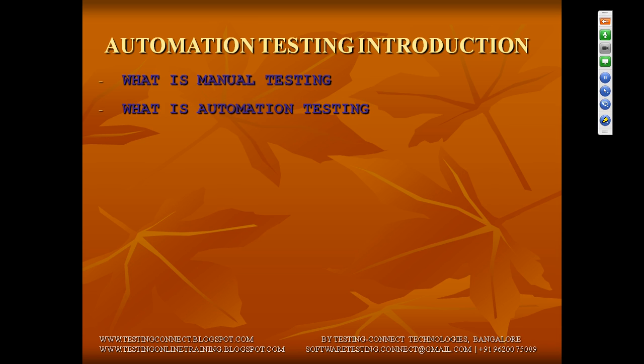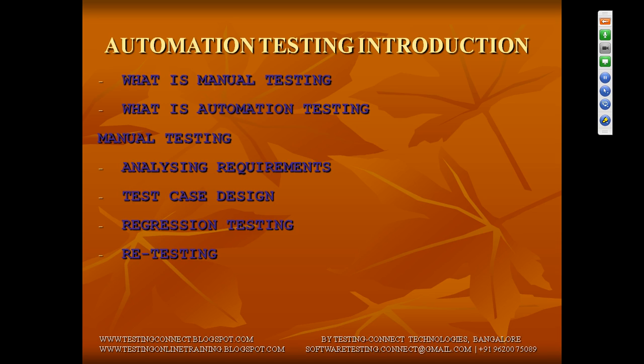If you perform the testing with the help of some automation tools, you can consider that as automation testing. If you are into manual testing, there are two types of releases, right? Major release and minor release. Minor release means every 1 month, major release means every 3 months, but it may vary from project to project.